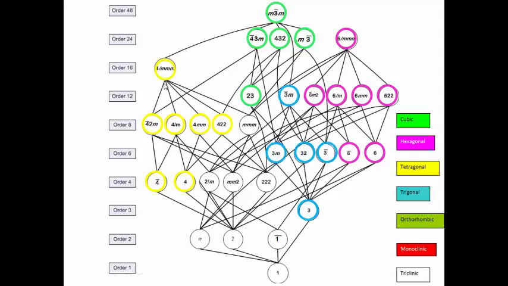And finally we have the trigonal groups, which start out with 3 or 3 bar, so we're going to mark them all in blue. And we'll come down to the monoclinics. Now remember, this is the monoclinic for half the class, so it's 2 over m, and we have 2 over m, m, and 2. Keep in mind that m is exactly equivalent to 2 bar.